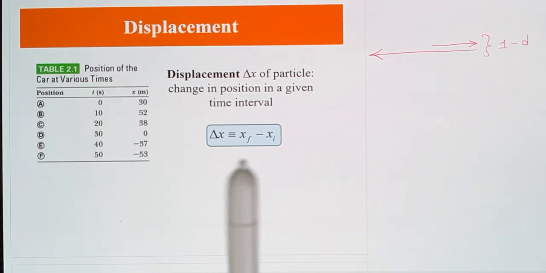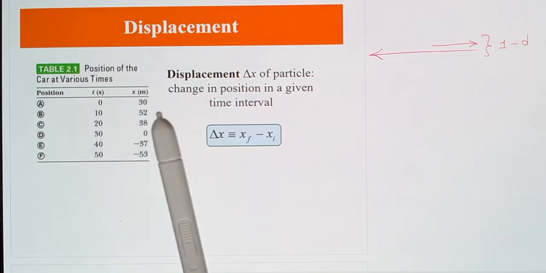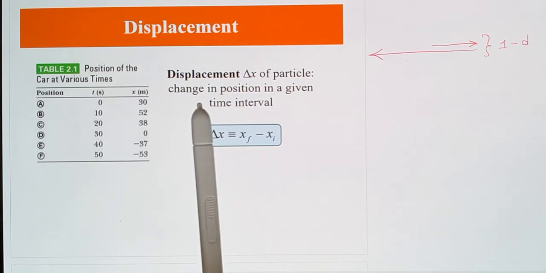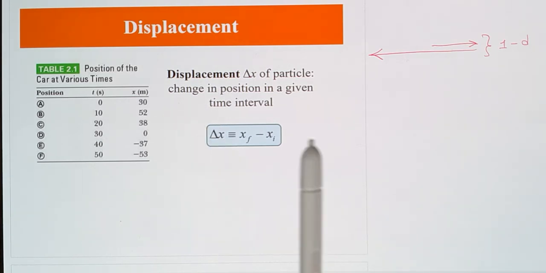So the first thing: displacement and distance. Displacement is a vector. Distance is a magnitude, a scalar, just a number. Displacement is a number with a direction, a positive or negative sign.